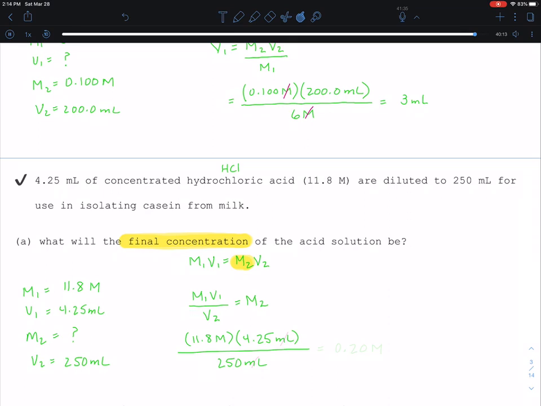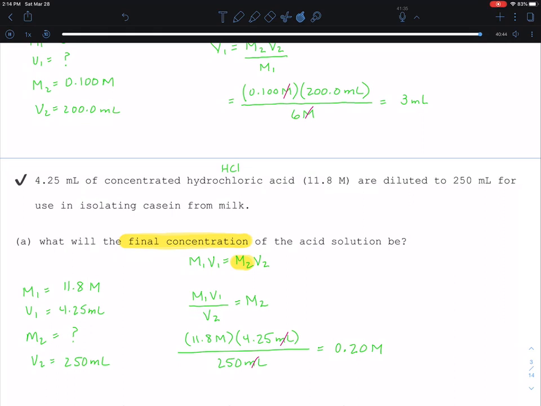So the milliliters are going to cancel out or divide to 1, right? And so, by the way, you guys, we're limited to 2 sig figs here because 250 with no decimal point after it only has 2 sig figs. So this is going to be my final concentration, and this works out to 0.20 molar. And that is going to be my final concentration.